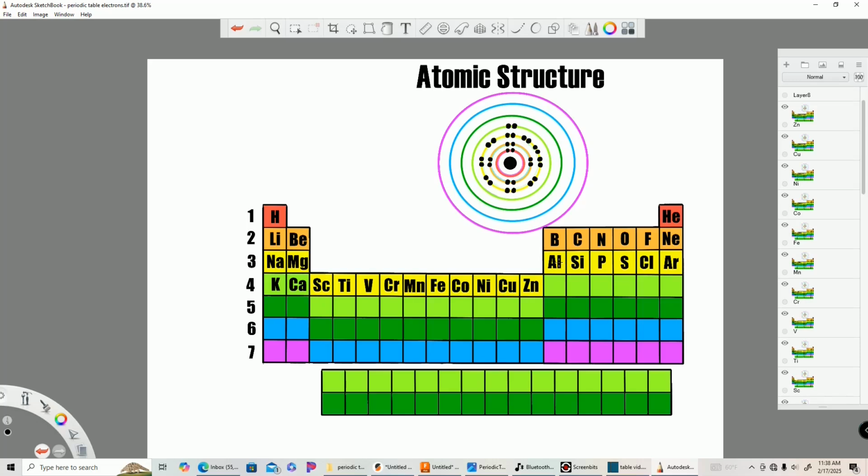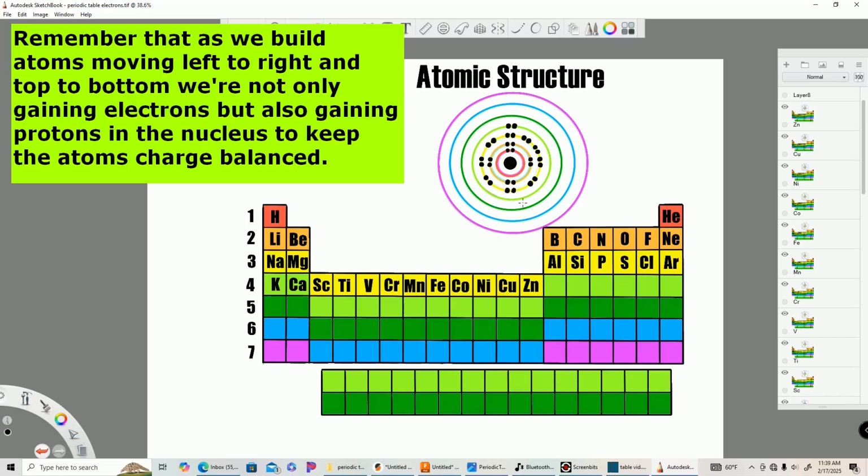And so that means that 18 divided by 2 is 9. So there's going to be 9 orbitals total.